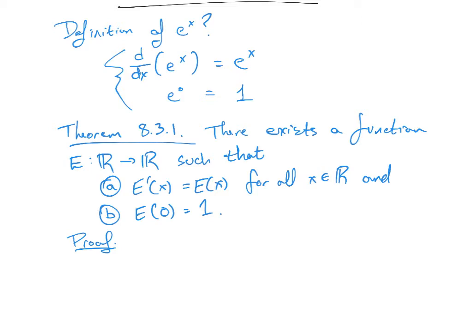Okay. So what we're going to do to prove this is we're going to define a sequence of functions that get closer and closer to our goal. Now, if we were coming at this from the perspective of Taylor series, we would basically be defining the Taylor polynomials of e to the x.